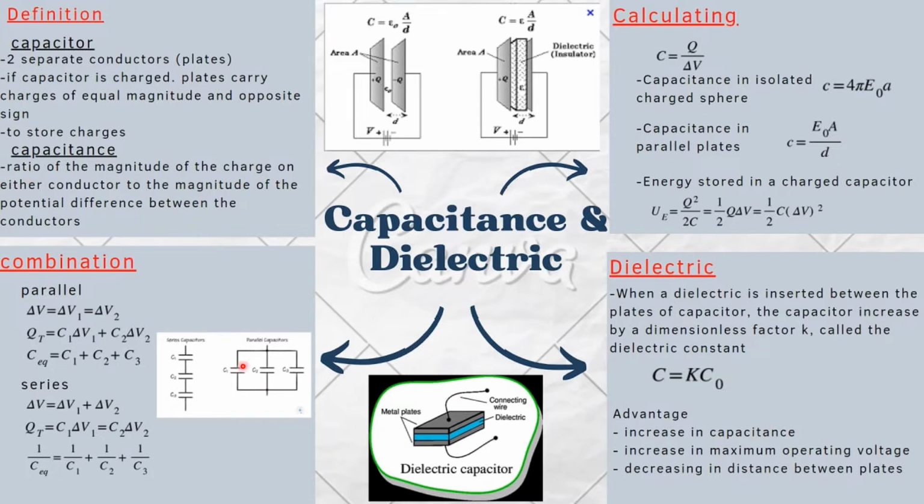Because of that, the potential difference across the combination is equal to delta V1 plus delta V2 and so on. Lastly, the equivalent capacitance for the series can be defined as 1 over C equivalent equal to 1 over C1 plus 1 over C2 plus 1 over C3.